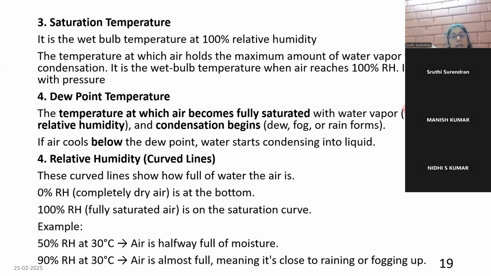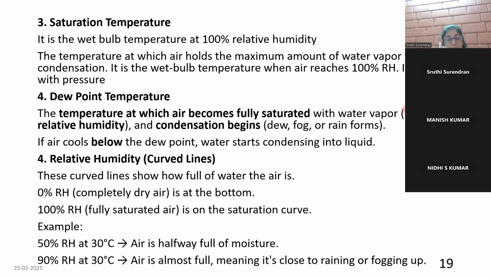So if more evaporation has to take place, whatever water vapor is present in the air has to cool down, and this cooling down, when the temperature, the maximum amount of water vapor which is there in the atmosphere without condensation happening is called the saturation temperature. So wet bulb temperature at 100% relative humidity is called the saturation temperature.